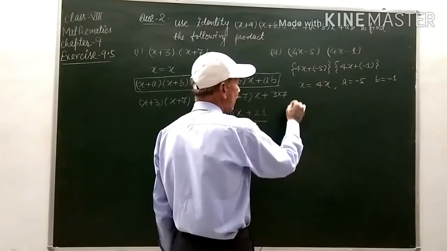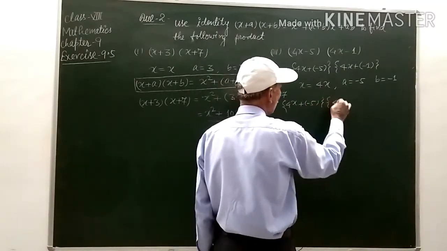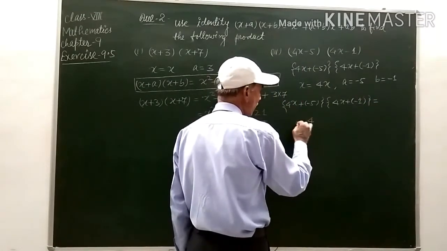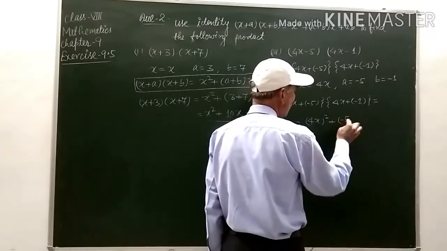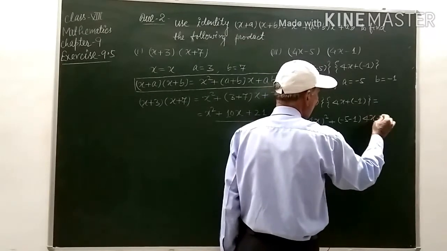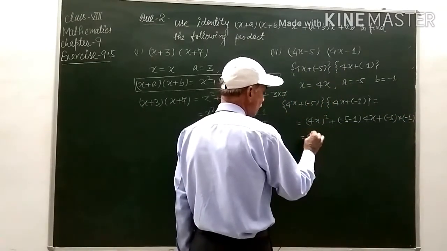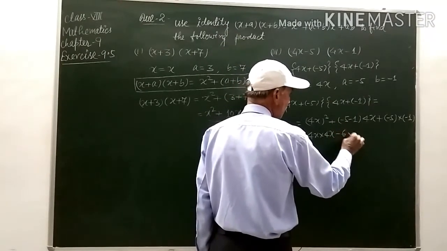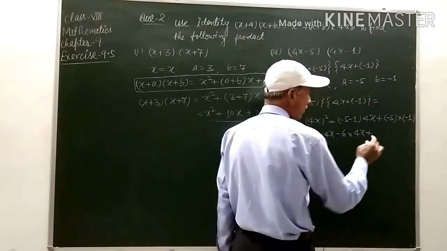Now, expansion of this identity: (4x + (−5))(4x + (−1)) is equal to x², it means (4x)² plus (a + b), that is −5 plus −1, it will be −1, into x, that is 4x, plus a into b, −5 into −1. This will be 4x into 4x, and this −1 − 5, that will be −6 into 4x, plus (−5)(−1), minus into minus will be plus, 5 1s are 5.